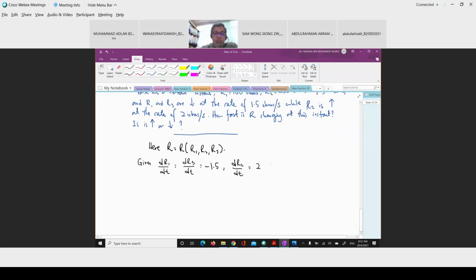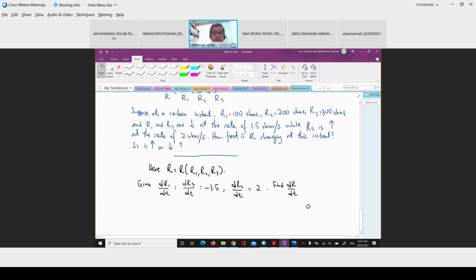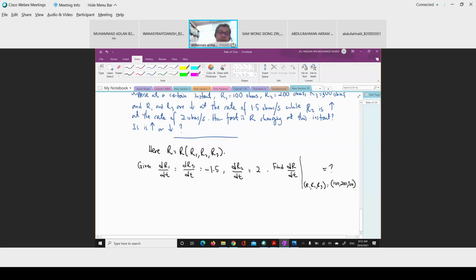Okay, what is it that we want to find? We want to find dR/dt at the instant where R1 is 100, R2 is 200, and R3 is 100. Yeah, this is what we want to find.